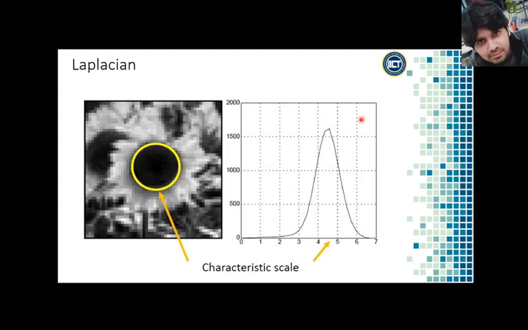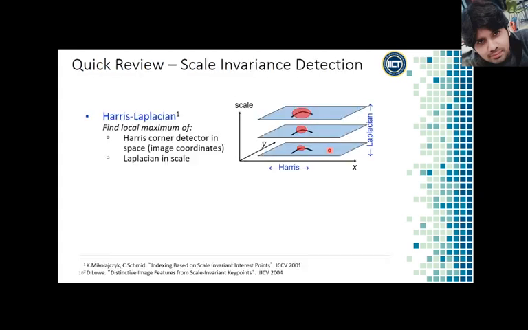So this is a kind of response which we get if we get a particular corner in a particular scale. This is a characteristic scale plot where we get a single peak response.